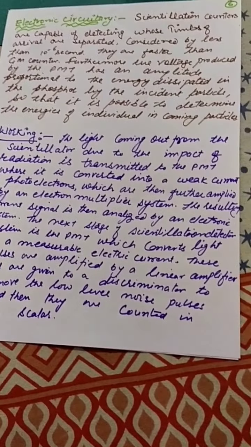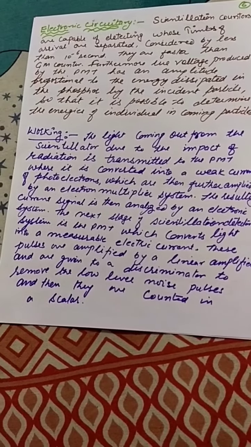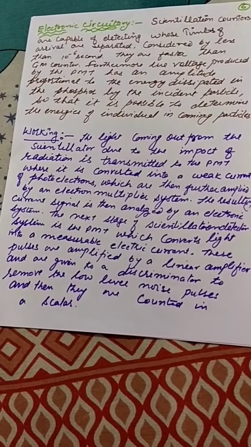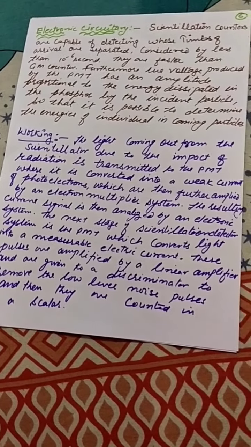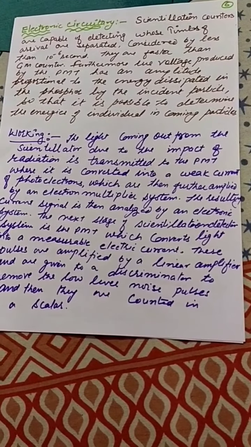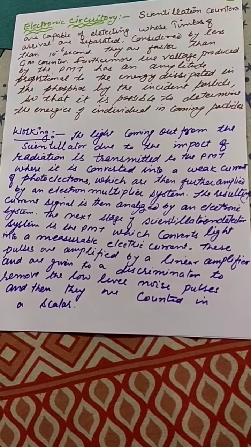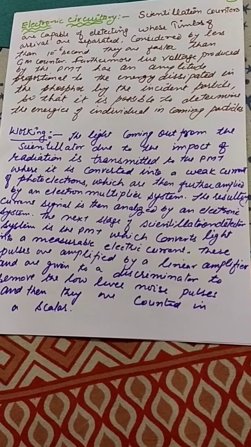Furthermore, the voltage produced by the photomultiplier tube has an amplitude proportional to the energy dissipated in the phosphor by the incident particle, so it is possible to determine the energies of individual incoming particles.